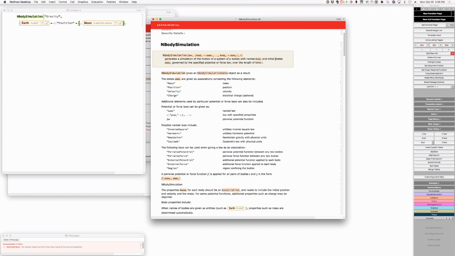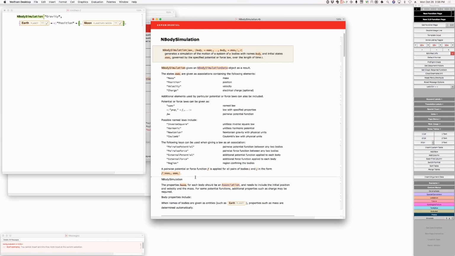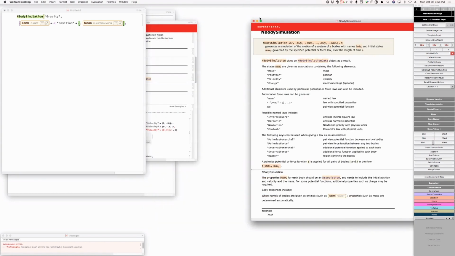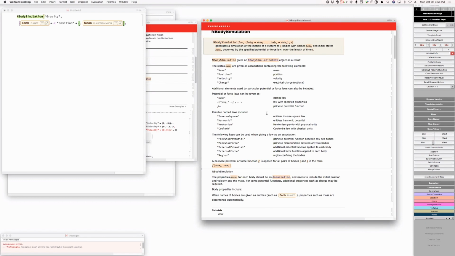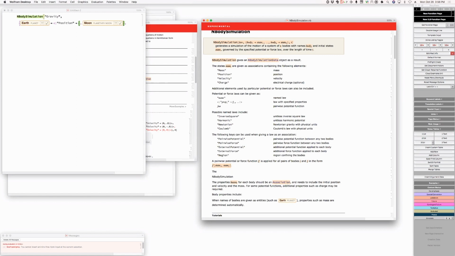Actually, why don't we just say an initial state, state I? Now let's look at what you say for N-body simulation data, because that's where you're extracting the state. The values in the states of each body can be given as quantities with units.